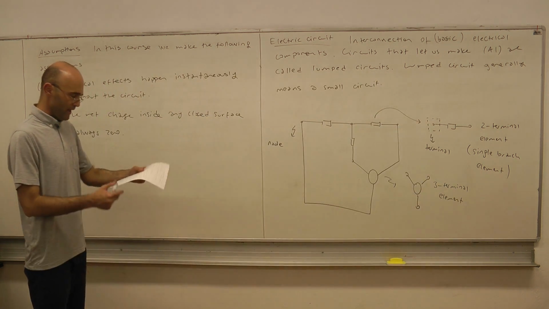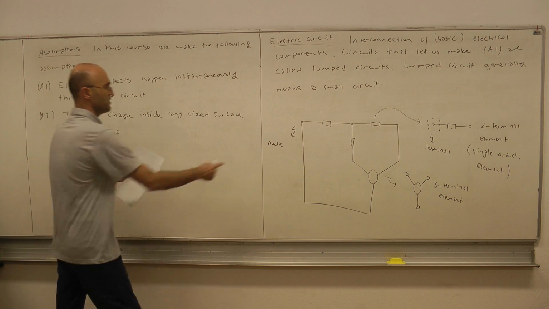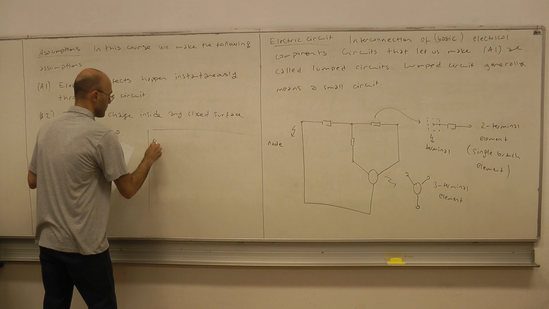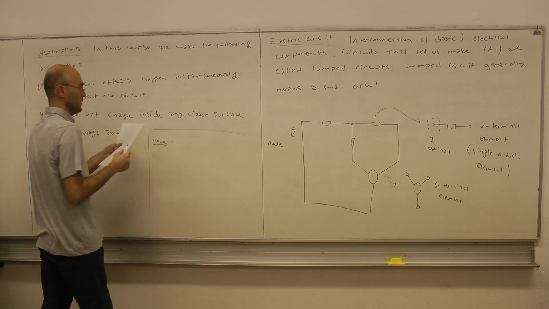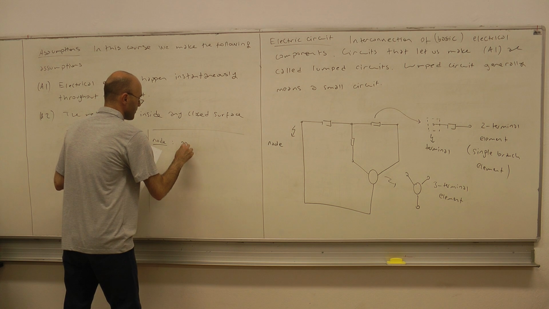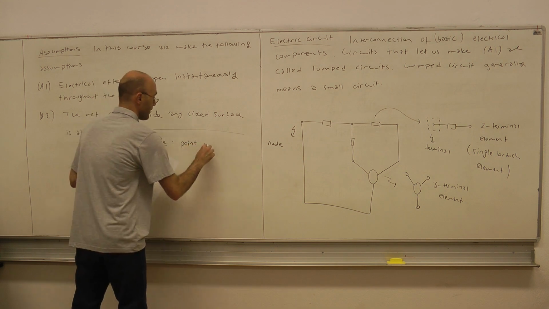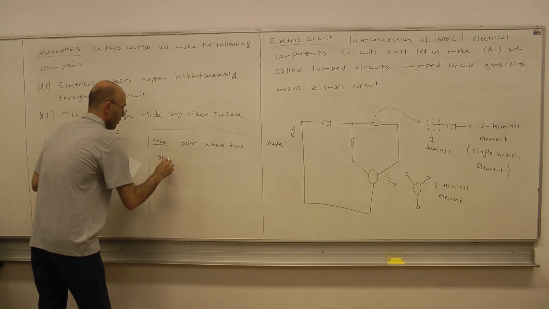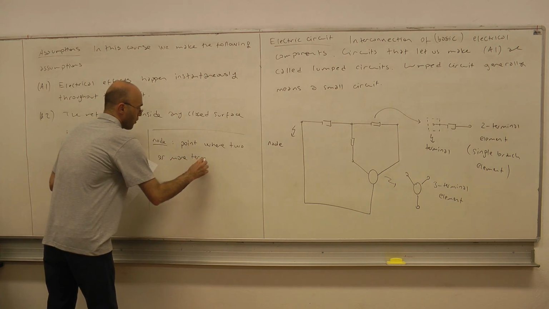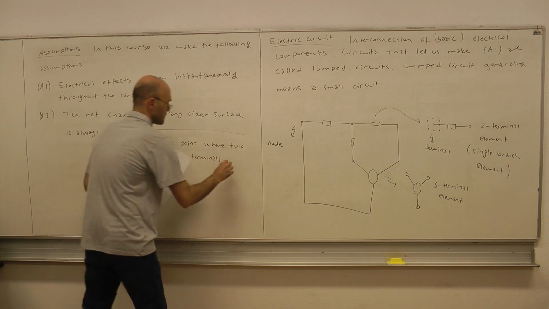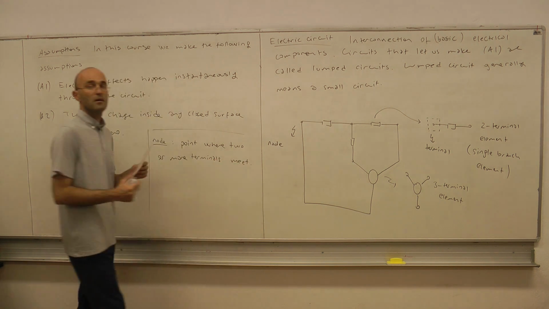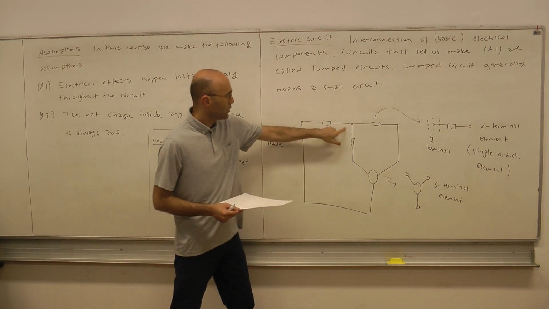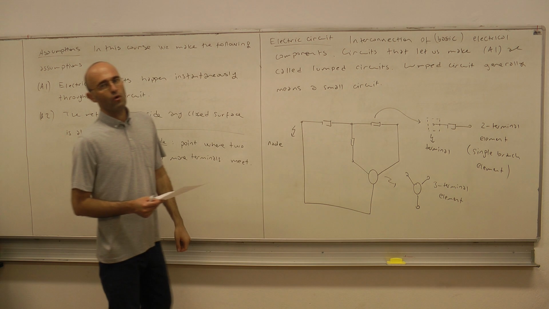Okay. And finally, let me squeeze the definition of a node here. A node is a point where 2 or more terminals meet. Okay. So in this circuit we have 1, 2, 3, 4 nodes.